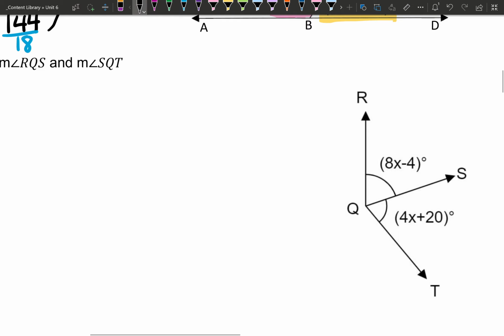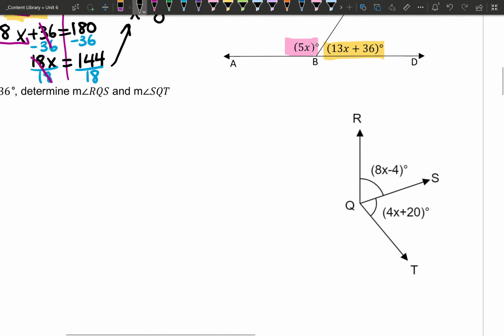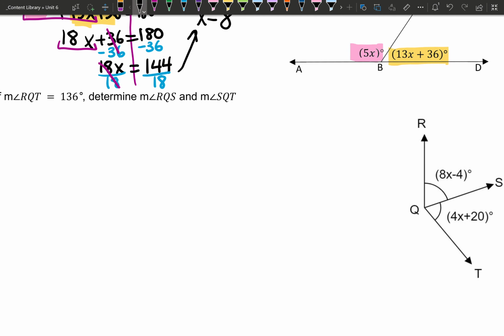Let's check it out. All right. So if that whole angle is 136, that means I can add the two angles and get 136. All right. Well, I'll add angle RQS plus the measure of angle SQT to get 136.